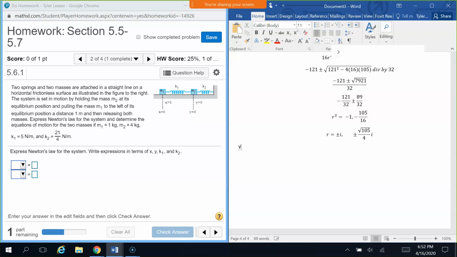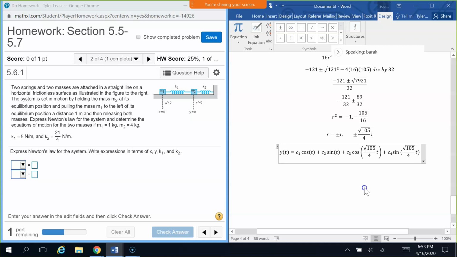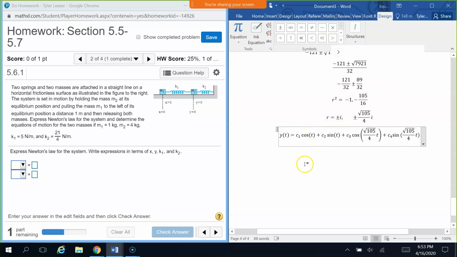Remember that we were solving for y. So we're going to have a constant times cosine of t, plus a constant times sine of t, plus a constant times cosine of square root of 105 over 4 t, and plus a constant times sine of square root of 105 over 4 t. All right, so this is my y solution set.